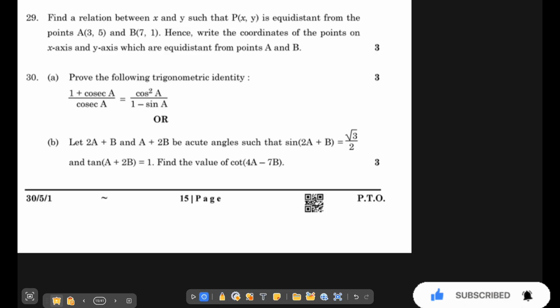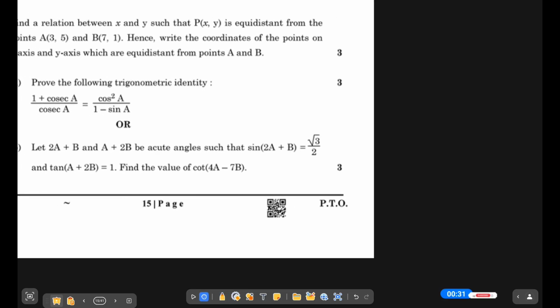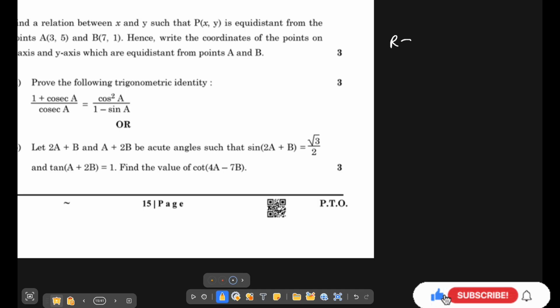So what is given here, let's write here. It is required to prove, 30A question, right?